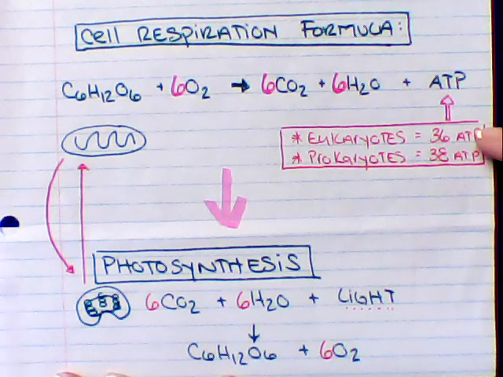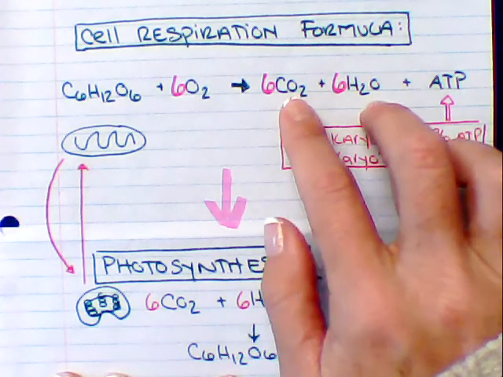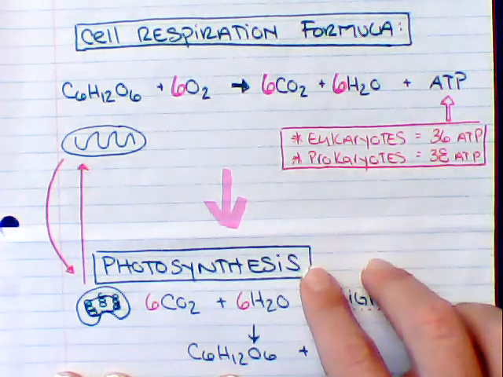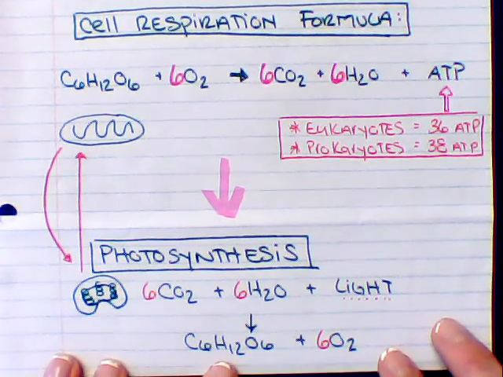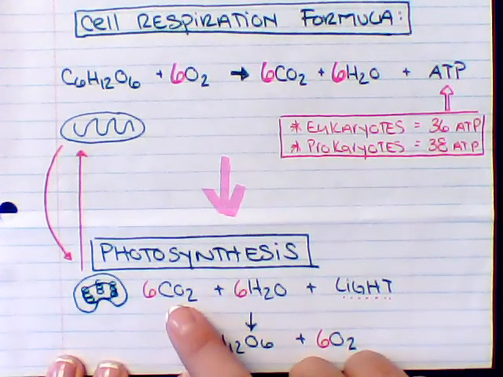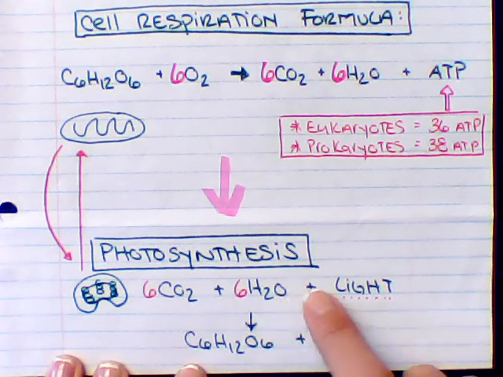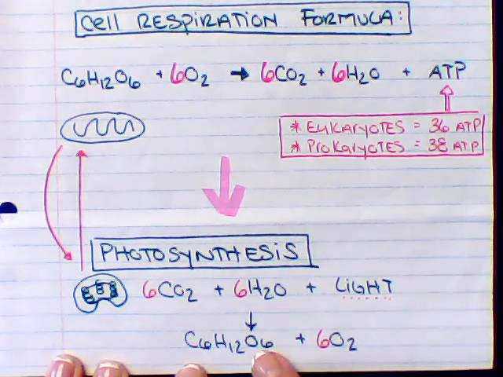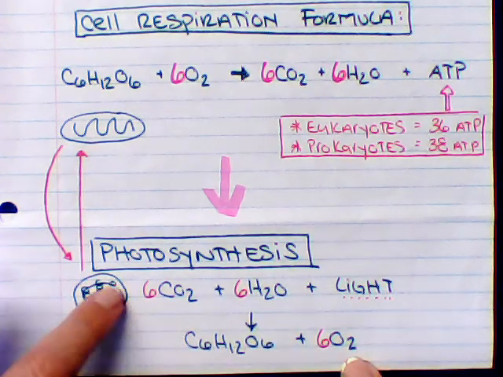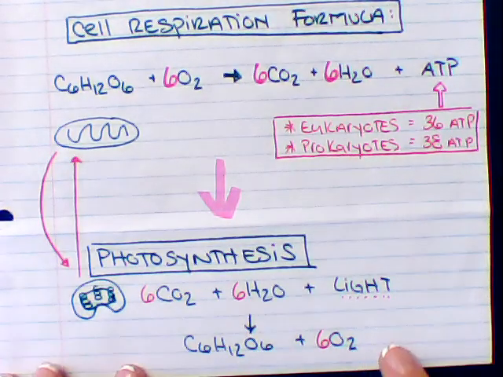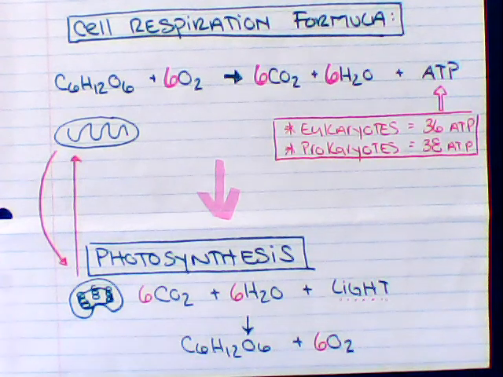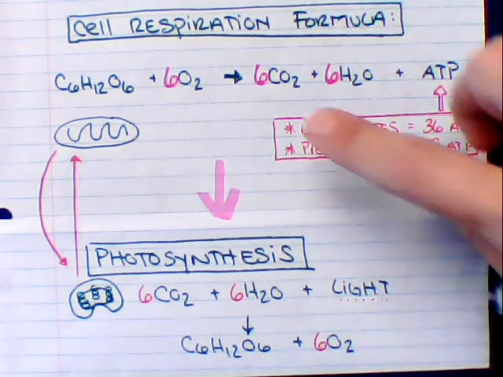Now remember also the connection between our CO2 and water are going to journey down into the chloroplast here. And that's going to go through a process that's known as photosynthesis. So now we're going to take our CO2, our water, and then our sunlight, create that sugar and oxygen, and then we're going to ship that back on up to our mitochondria, and that's our enclosed membrane. You do need to know the formula, so just remember the magic number is 6.